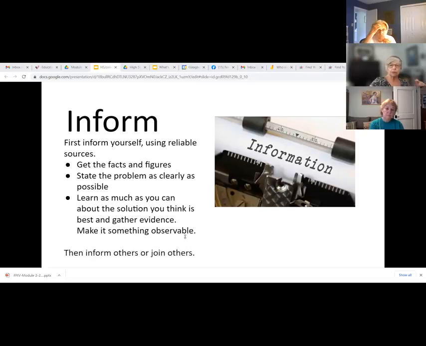You have to learn as much as you can about the solution you think is best. We emphasize to kids that it should be something observable, so they know when it's accomplished. They have to gather information about why that solution is important so they can explain it to other people. And then they have to work to get others to work with them, or they can find a group that's already working on that issue and join in.